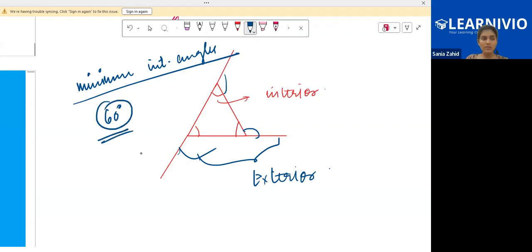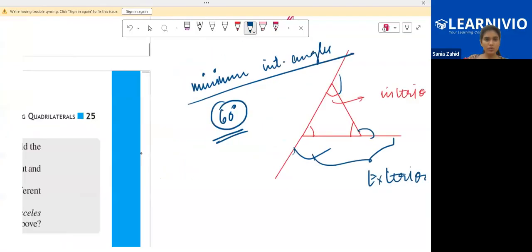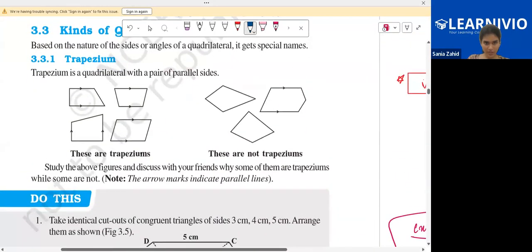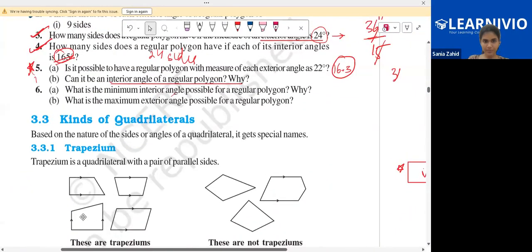So the answer is 60 degrees. Understood? Now copy this one. Copy the question, write interior angle. Which question, ma'am? Question number 6A.